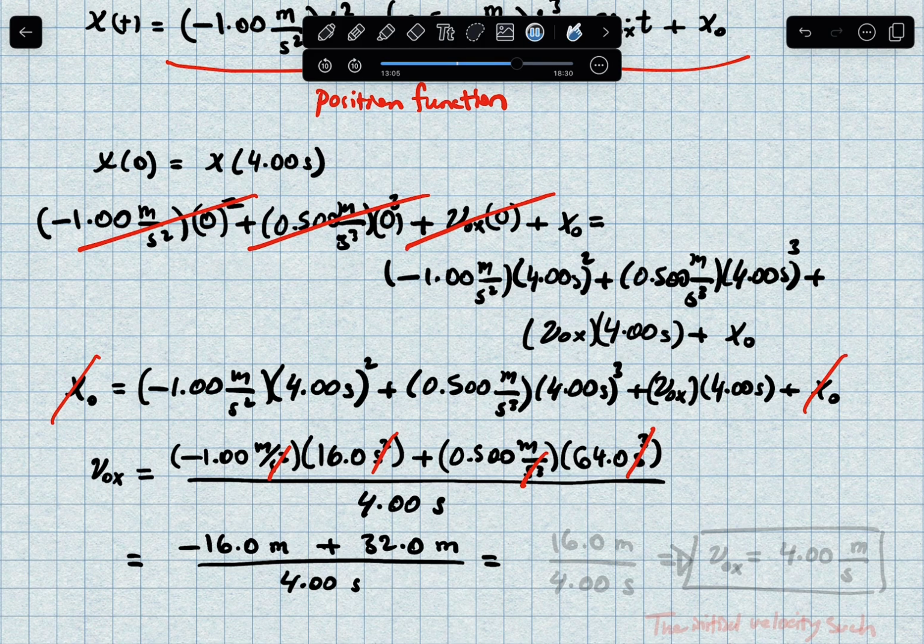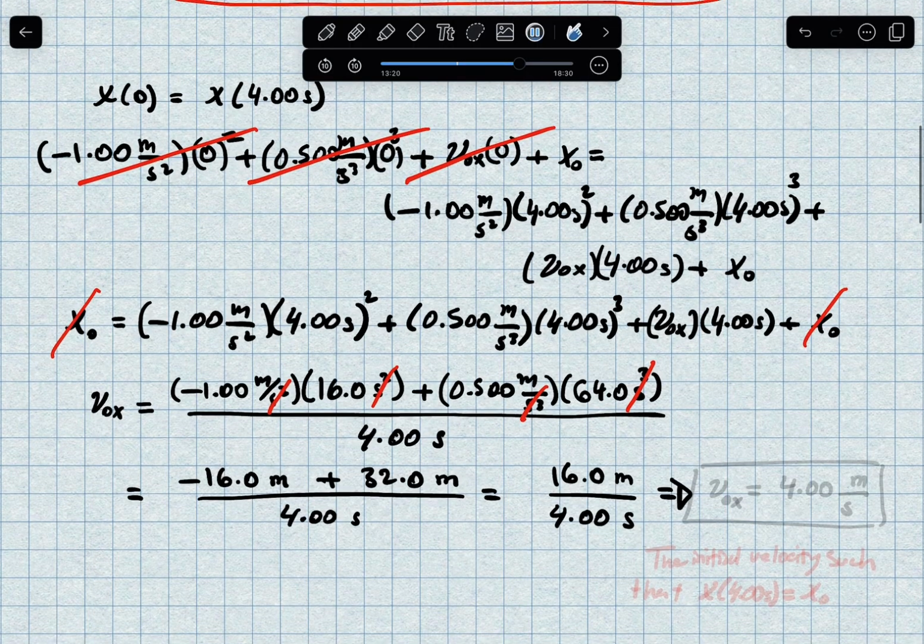It seems like we're getting a very nice even number. So the upper part is 16 meters and the denominator is 4 seconds. Therefore, the initial velocity x equals 4 meter per second.